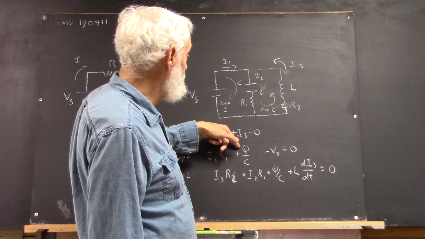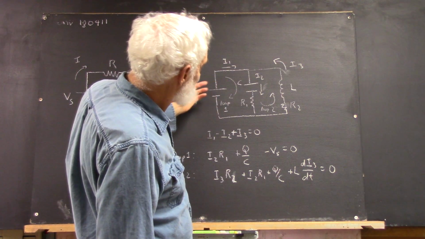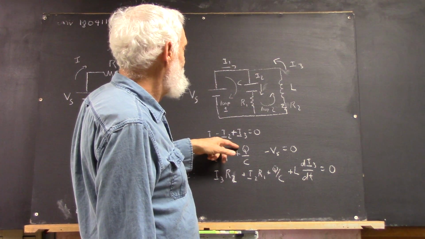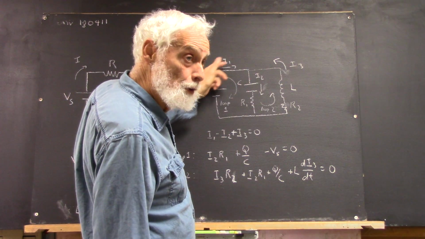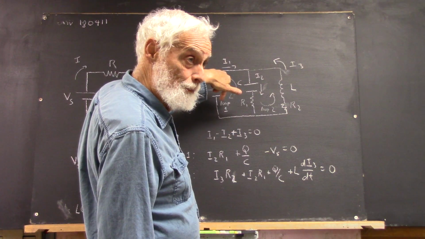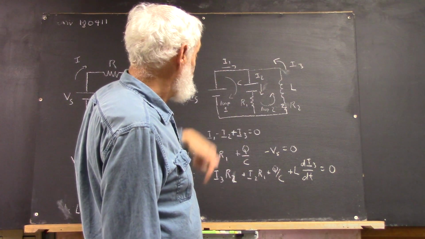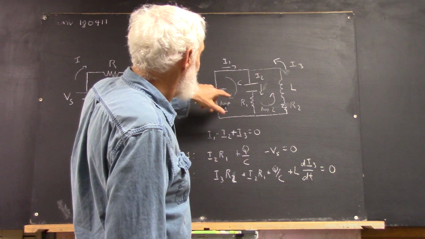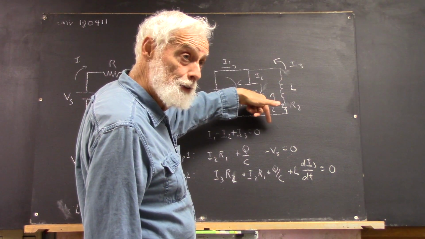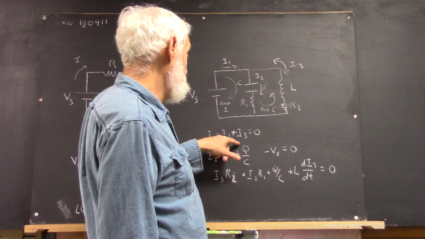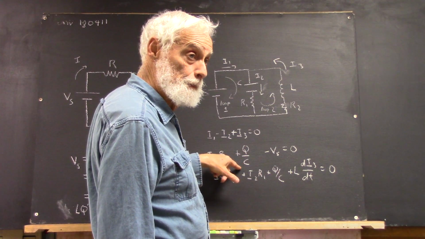So if Q turns out to be positive, it's got to be positive on the plate that you first encounter while you're going around the loop, okay? If the loop happened to be in this direction and the current was in this direction, then you'd actually end up with a negative Q over C for that loop.